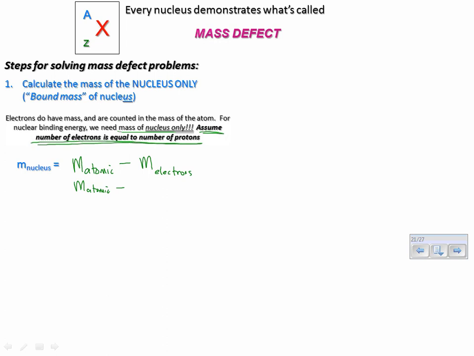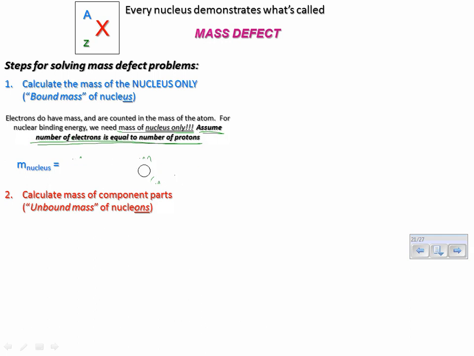So Z is the number of protons, also the number of electrons. So there's Z electrons times the mass of an electron. Make sense? Okay. So that gives us our bound nuclear mass. Let me write that as one thing here: M atomic minus Z times the mass of an electron.